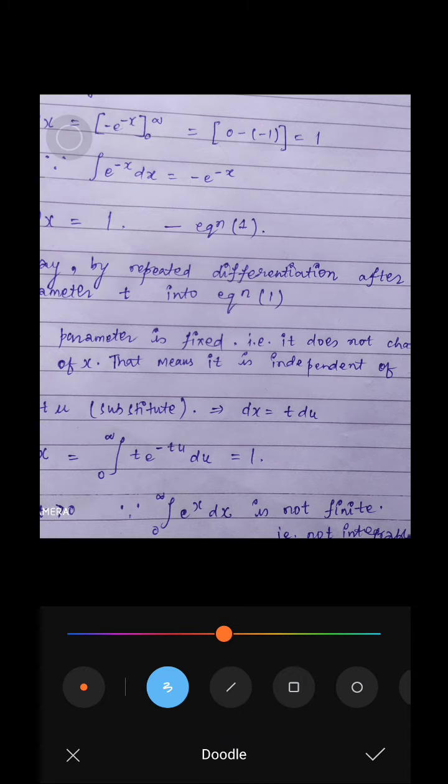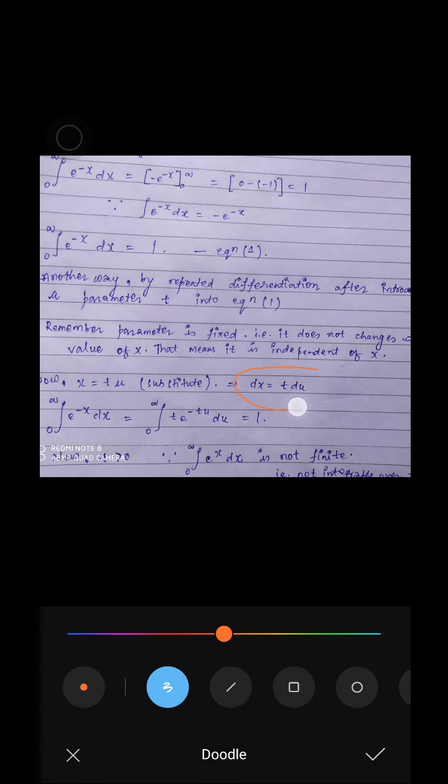As we have concluded that dx is equal to t du and x is equal to tu, we get this after substituting these two values in this equation as integral of t e raised to the power minus tu du is equal to 1, which is very easy to understand.